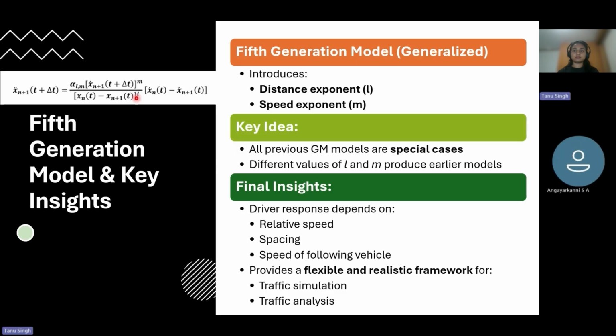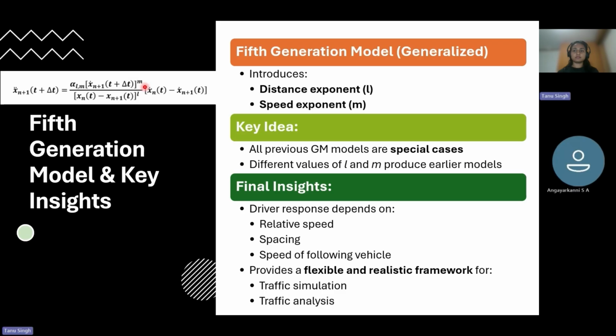An important point to notice is that all the earlier models, from first to fourth, are special cases of this. In the first generation model both the values of M and L are 0, whereas in the third we have M as 0 but L as 1, and in the fourth generation we have both M and L values as 1.